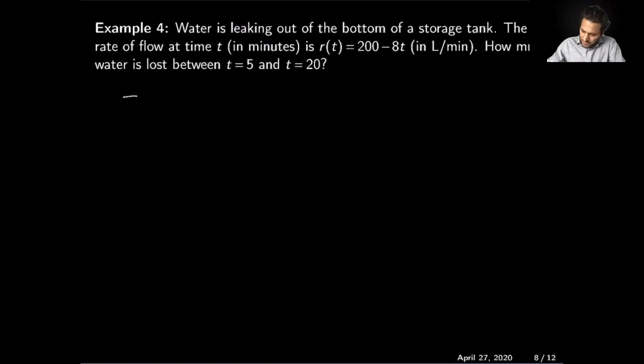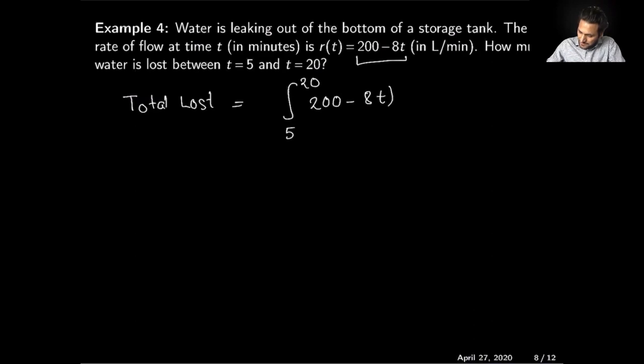So, as a practical application, the total loss will be the integral from t equals 5 to 20 of the rate of change, which is 200 minus 8t dt.